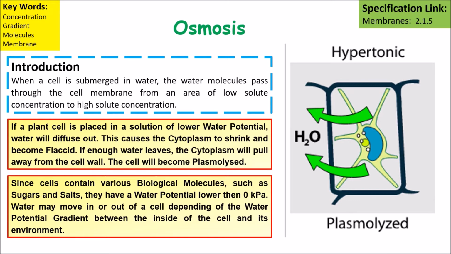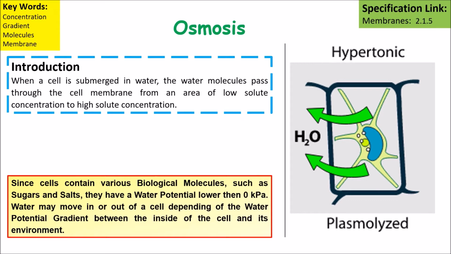If enough water leaves the cells, the cytoplasm will pull away from the cell wall, so the cell will become plasmolysed. Since the cell contains various biological molecules, such as sugars and salts, they have a water potential lower than 0 kilopascals. A kilopascal is just the unit that we're measuring water potential in. So water may move into or out of the cell depending on the water potential gradient between the inside and the outside environment.